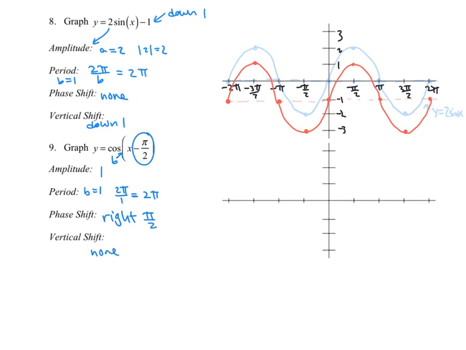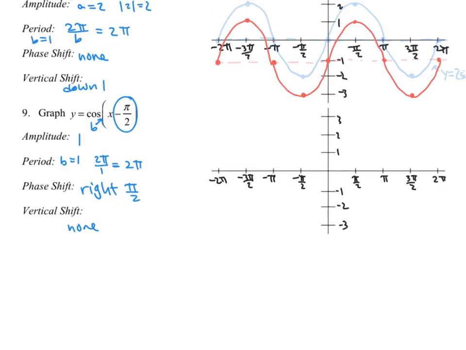Now, just like in the last example, I'm going to start by graphing the function without the translations. So if there are any changes to the period or amplitude, I would do that in my first step. And then I'm going to take that result and shift it for my second step. So I'm just going to graph regular cosine x. I labeled my axes from 0 to 2 pi once again because the period's 2 pi.